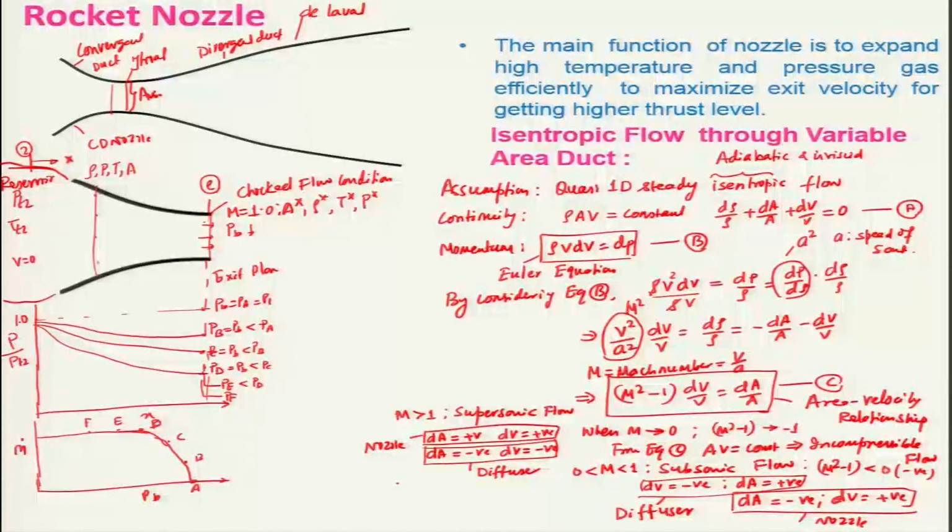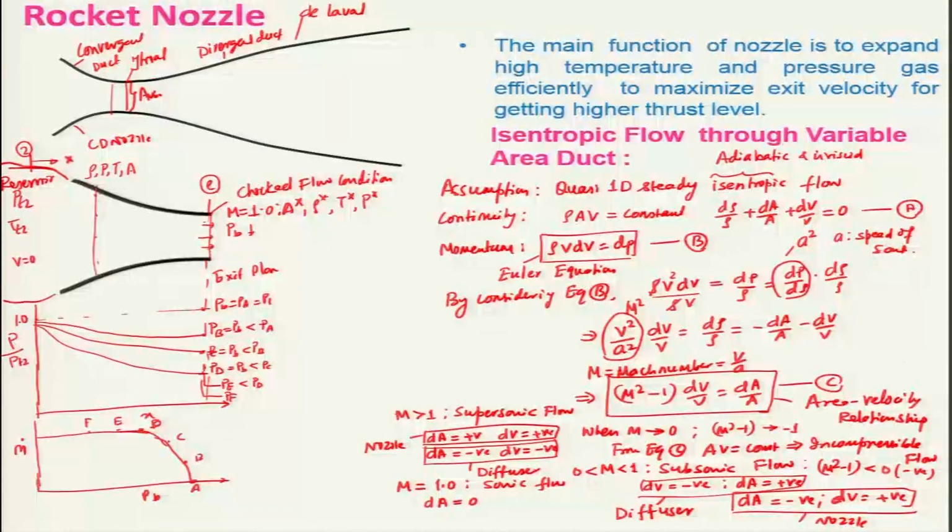So, let us consider another case, M equal to 1, the sonic flow, and in this case dA will be 0.